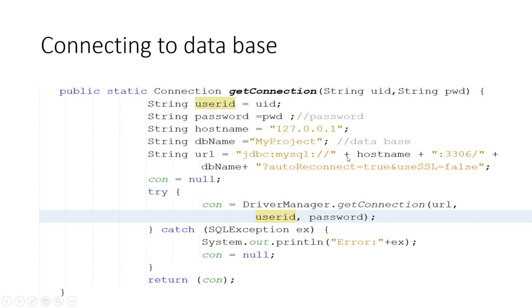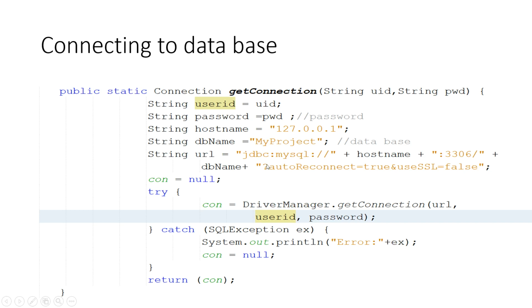That has to be concatenated. String plus is for concatenation. This is concatenated with the port number. MySQL is running on port 3306, which is the standard one. Then, which database are you going to access? The database I am going to access here is my project.